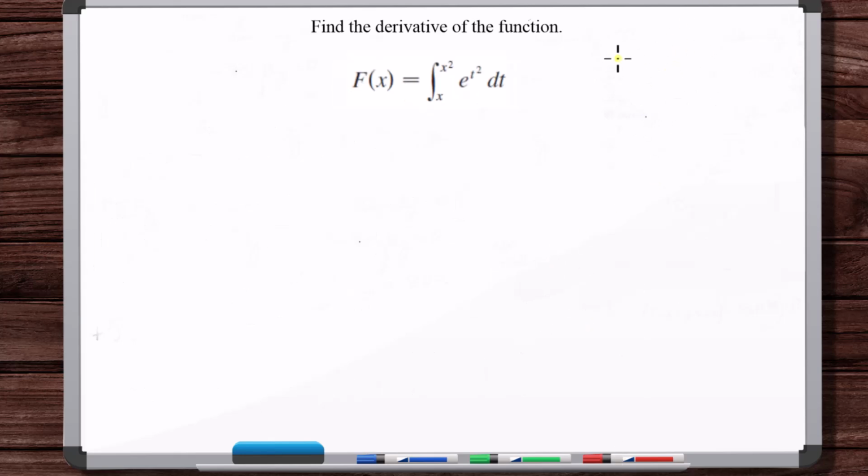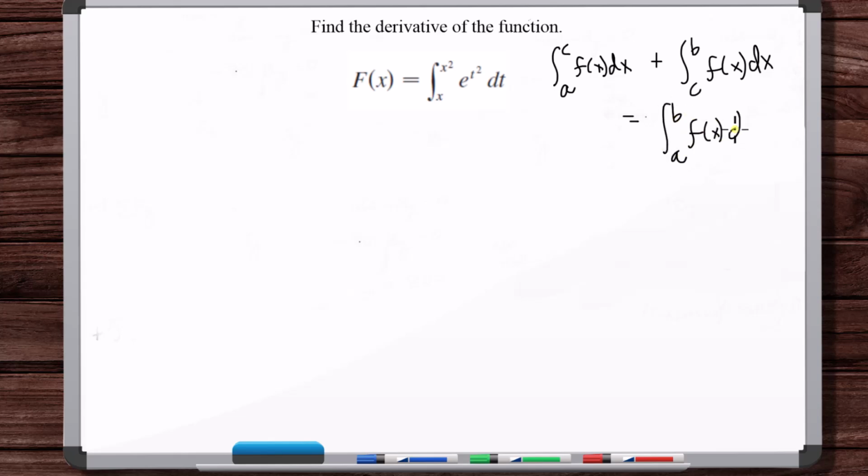Okay, so similar idea as the previous problem. We know that if we go from A to C, and then from C to B, this is equal to A to B. So we want to create 2 integrals that have a variable term and a constant term.